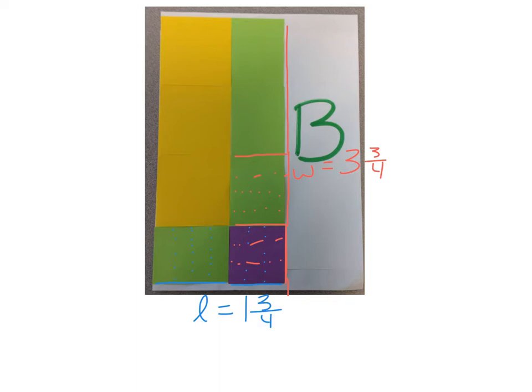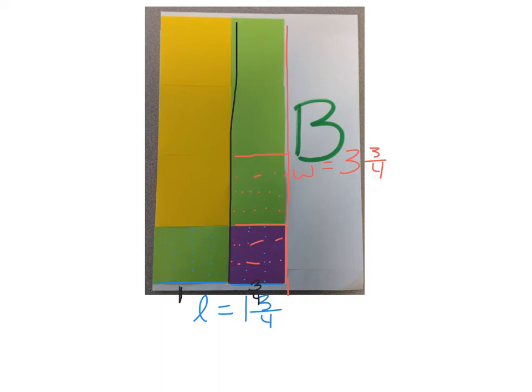So for letter B, I'm going to break this up into whole numbers and fractional parts. So I know this is 1 whole, and I know this is 3/4. And I know that this, so I'm going to draw that line.